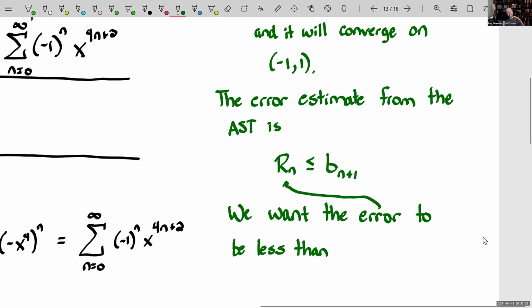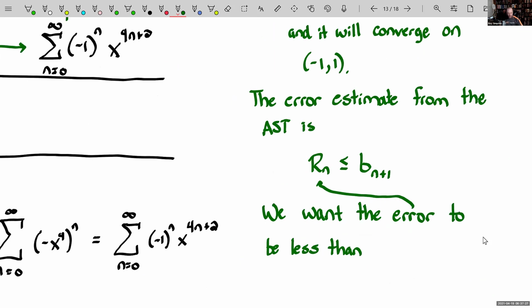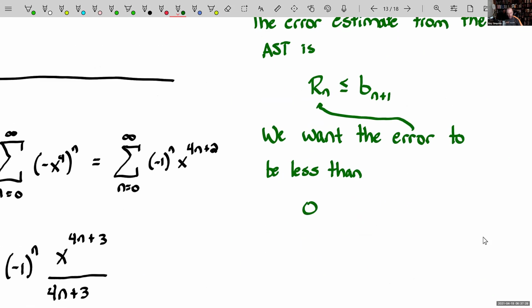However, when they say I want 6 digits of accuracy, that means I need to lock in the first digit. I can't have error at the second digit, I can't have error at the third digit or the fourth or the fifth. And technically, I don't want error at the 6th digit either. First through 6th digits.